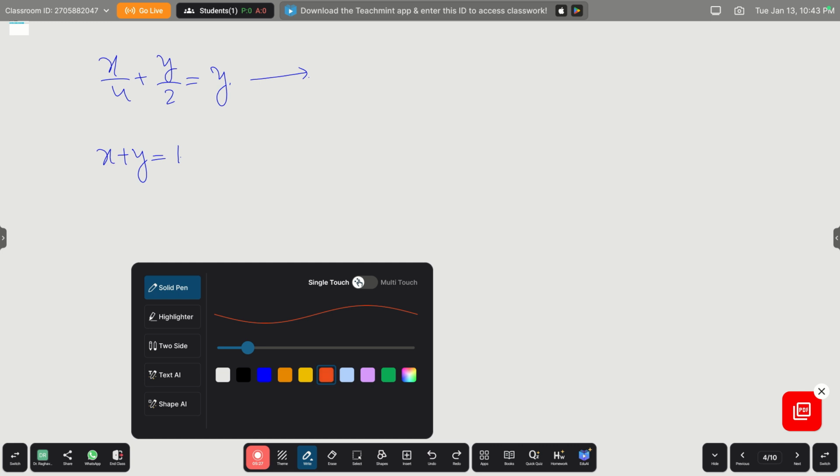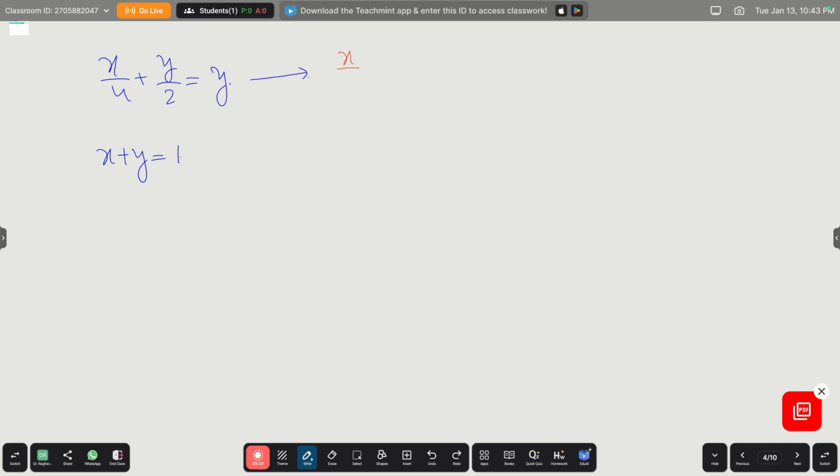So x by 4 plus y by 2 equal to y gives me x by 4 equal to y minus y by 2. If I solve this, it will be 2y minus y, whole divided by 2.